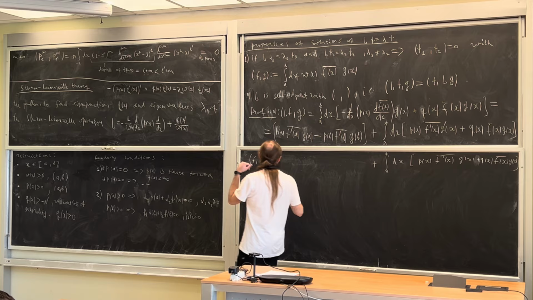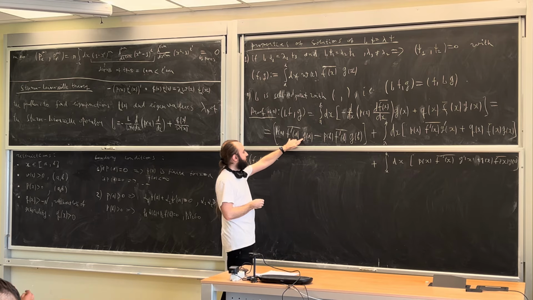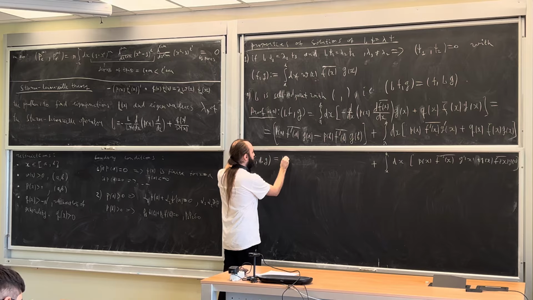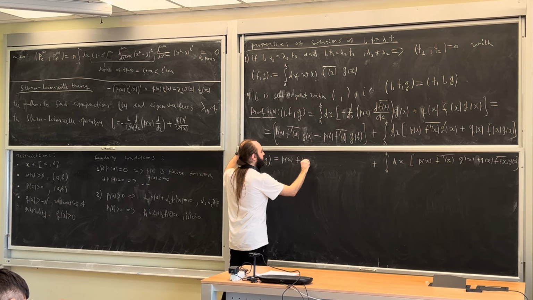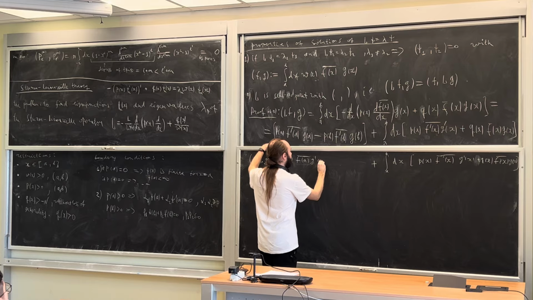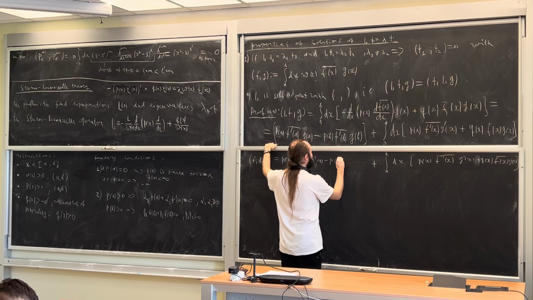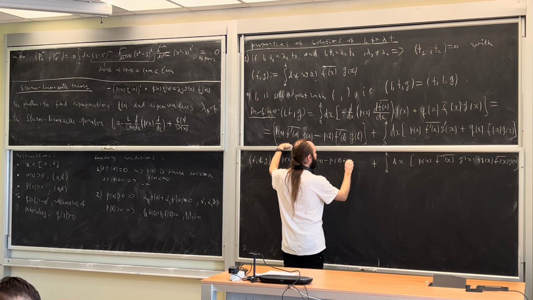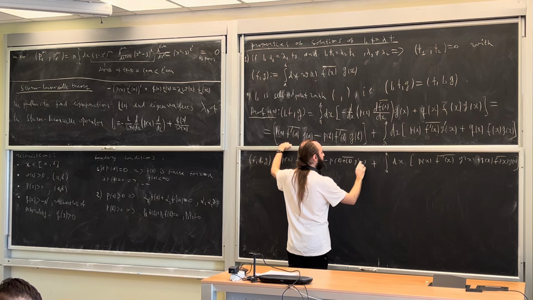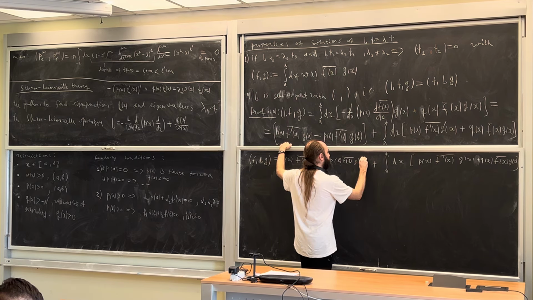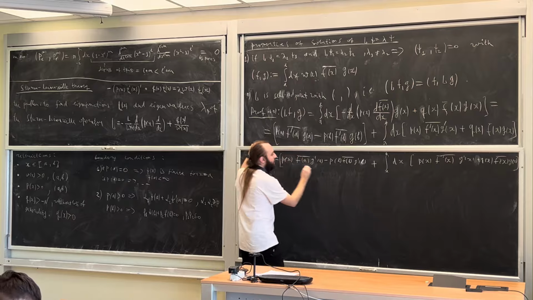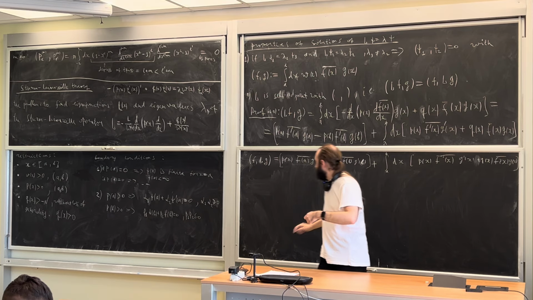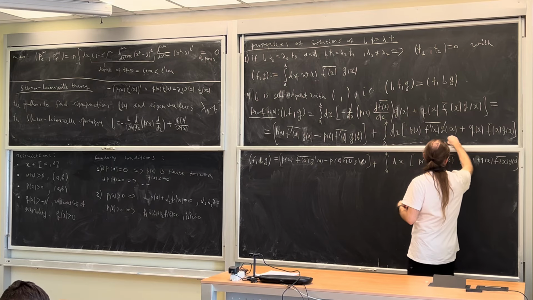About this part, yes, we should move this prime to G, to be p of a, f bar of a, and g prime of a, minus p of b, f bar of b, g prime of b. So if we start comparing them, then yes, this is literally the same.